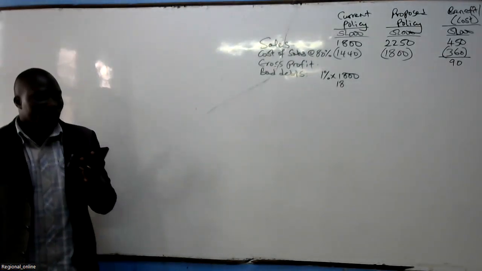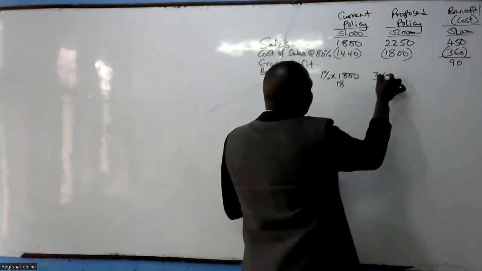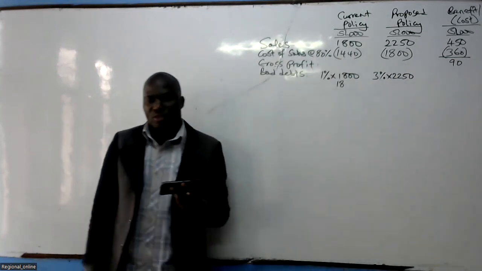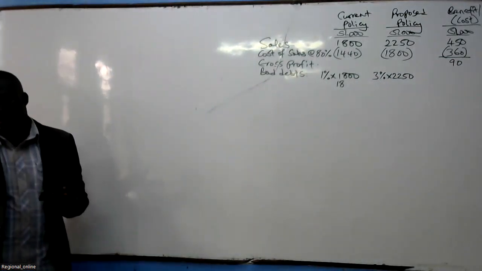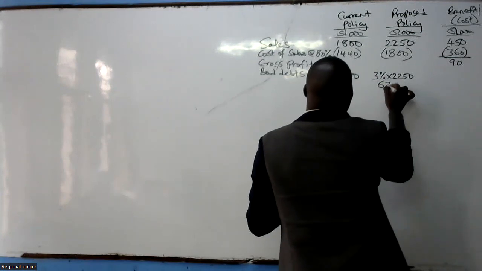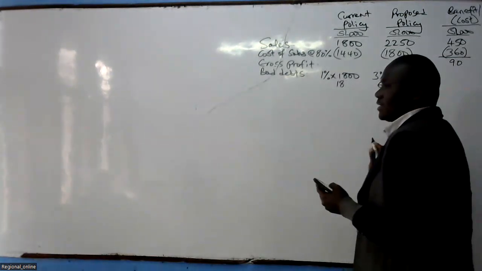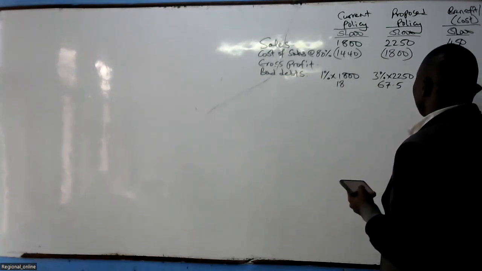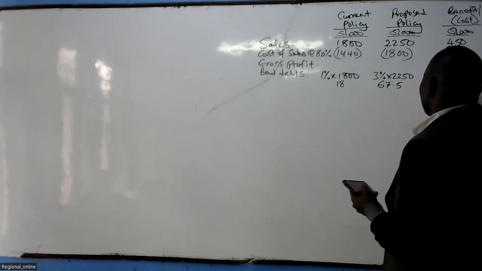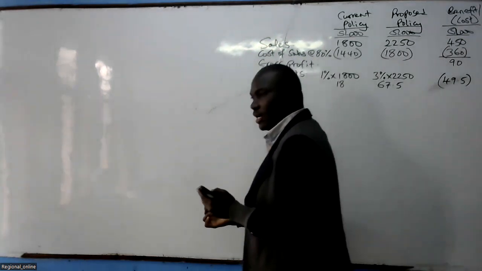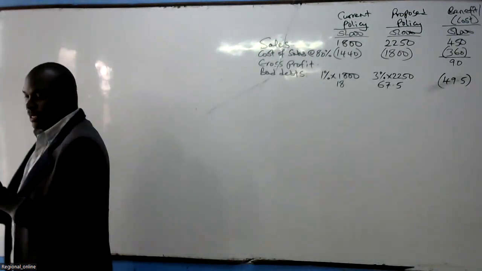And with the new policy, bad debts will be 3% of sales, which is 2250, which will give us 67.5. So bad debts are increasing by how much? 49.5. Good or bad? It's a cost going up still.